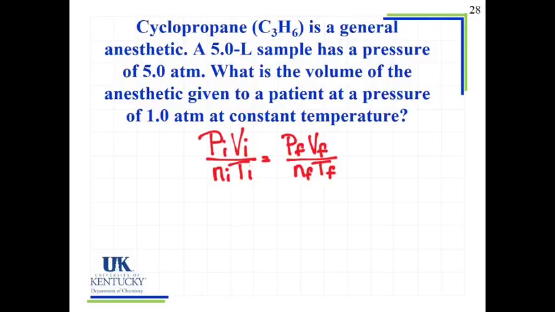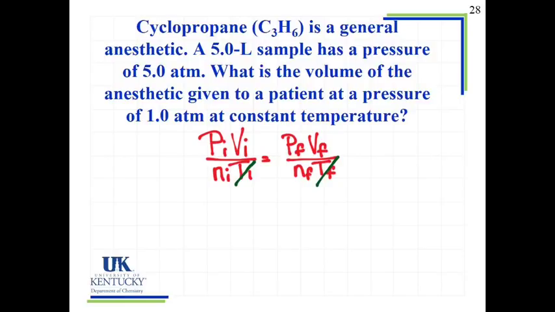Now, many times when we're looking at a combined gas law, we see that some of the variables are actually constant, and when variables are constant, they can be canceled out. When we look through this problem, it tells us explicitly that we are at constant temperature. So if Ti equals Tf, they're going to cancel out in the equation, just as if they were 2 and 2; they don't change anything about the quantitative values in the equation.